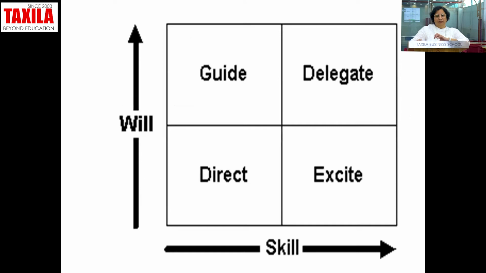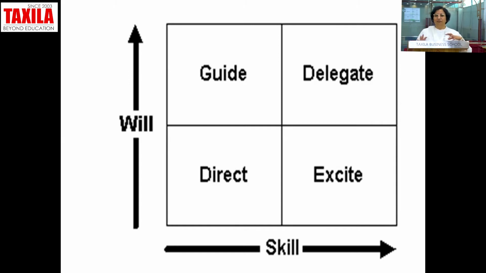Yes. We see that the skill goes from low to high, and in the same way the will goes from low to high. Will is the willingness to work, and skill is capability. Yes, I can do this. These are two different things. I know the job, but I don't want to do it. Or I do not know the job, but I want to do it.